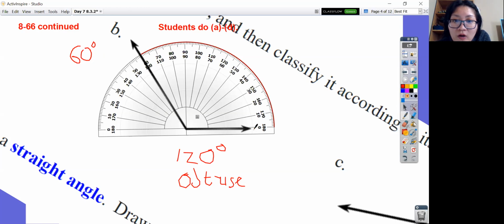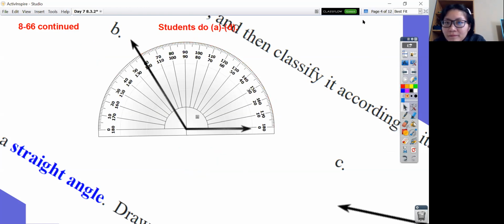Take a look at our angle from this ray to the other ray. It's past 90 degrees, which means it has to be bigger than 90 degrees. So 60 degrees is not the right answer. This is answer B, 120 degrees, obtuse angle. All right, continue.